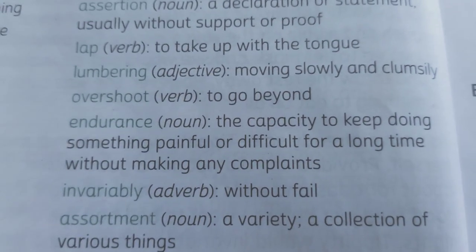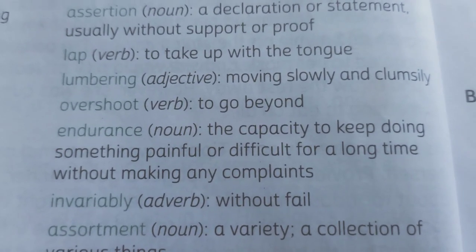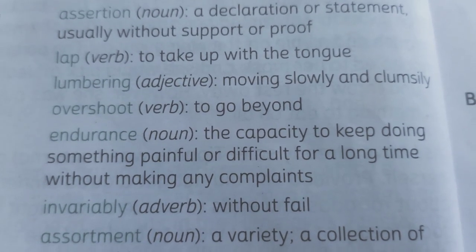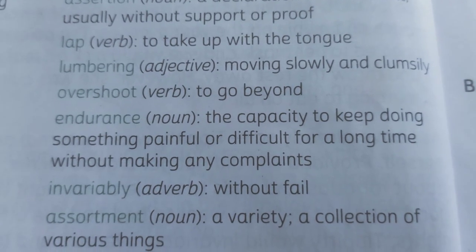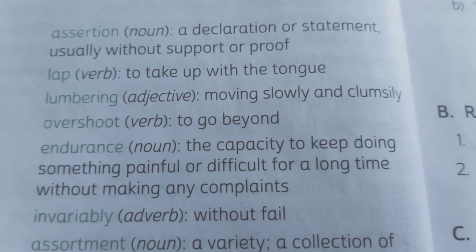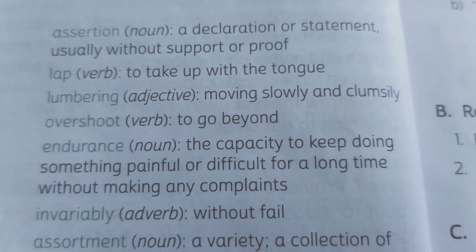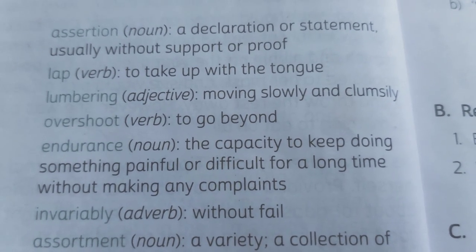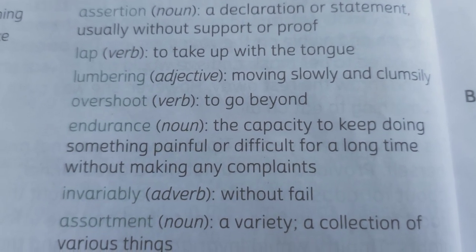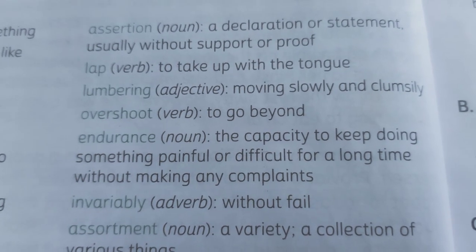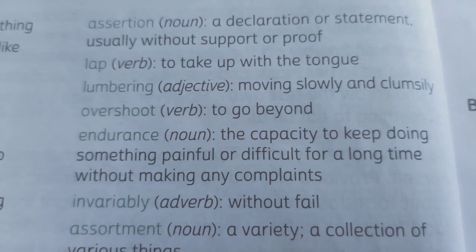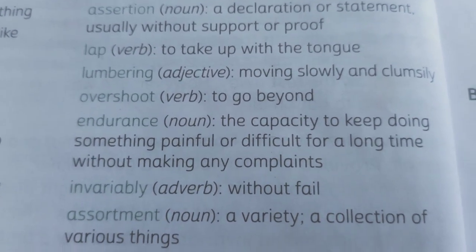The next is overshoot, which means to go beyond. Endurance. What's the meaning of it? The capacity to keep doing something painful or difficult for a long time without making any complaints. As when an animal is suffering a lot of pain but is not complaining, that is known as endurance.